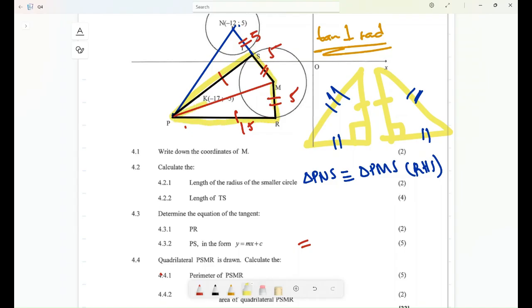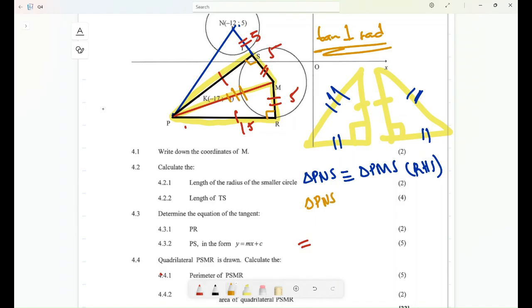Can you see that this angle here, we said it is 90 because tangent is perpendicular to radius. Similarly here, it is 90, tangent also perpendicular to radius. So if this is 90 and that is 90, and this is equal to that, and these two are equal, can you see that this one is also a common point? So now P and S, triangle PNS.